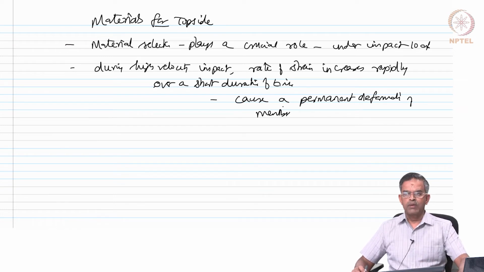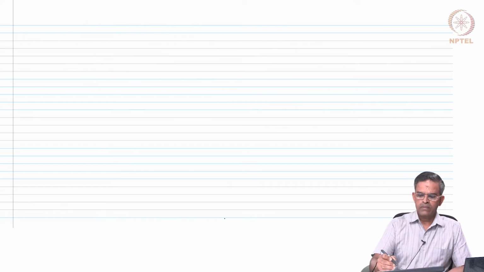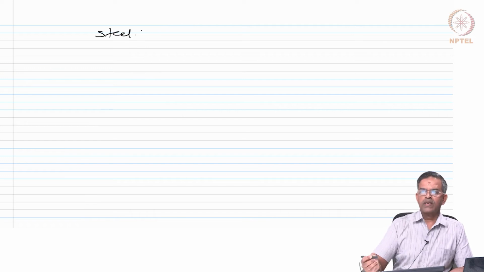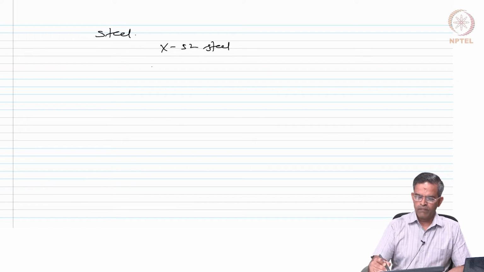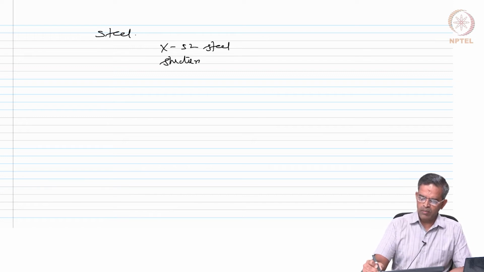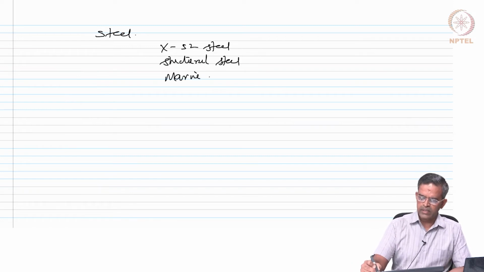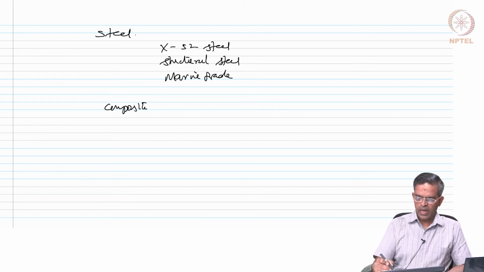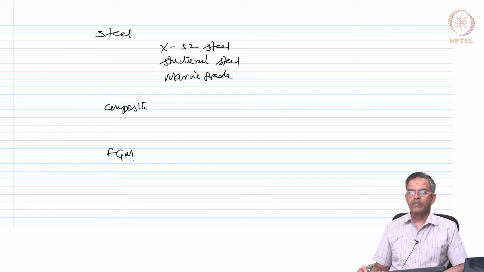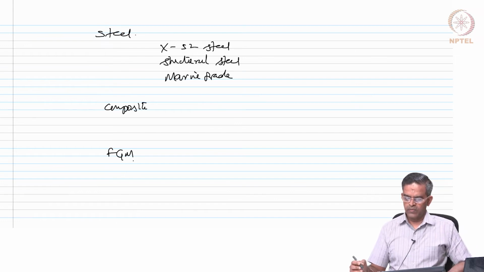weldability and durability. Okay. For comparison, we have taken 3 materials. We have taken steel, which is X52 steel, which is a structural steel commonly used for offshore topside, is also the marine grade steel. We have also tested with composite and FGM for comparing the performance of this topside deck.